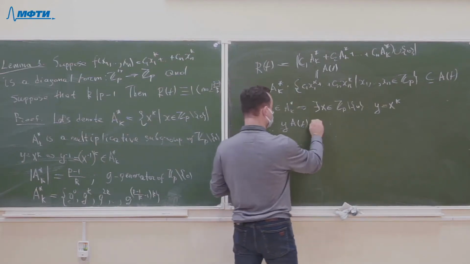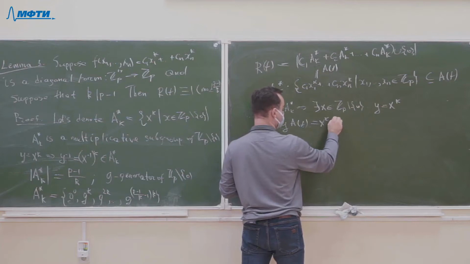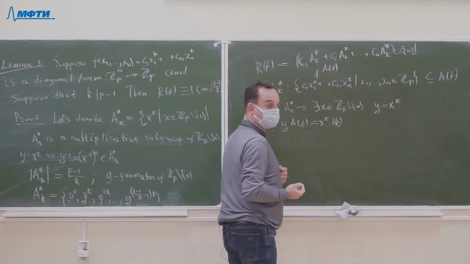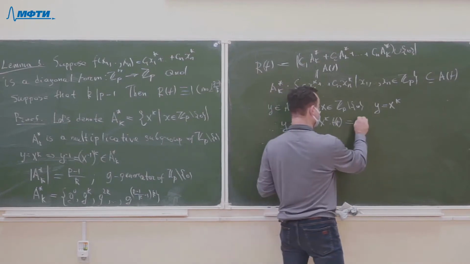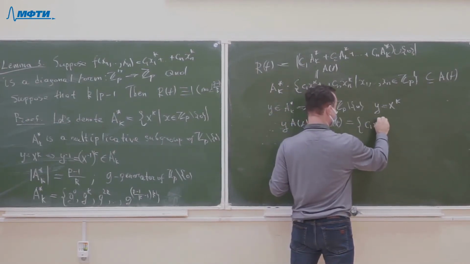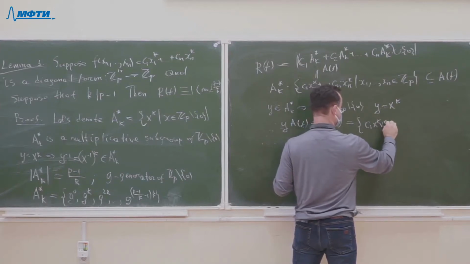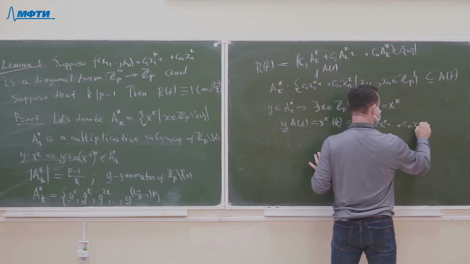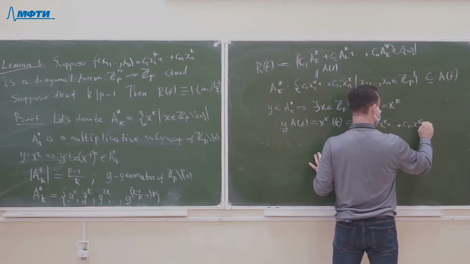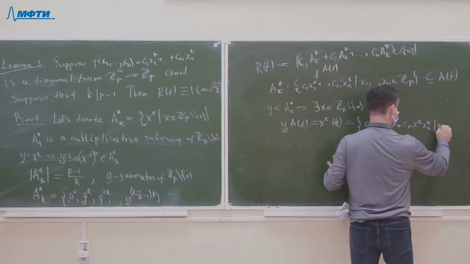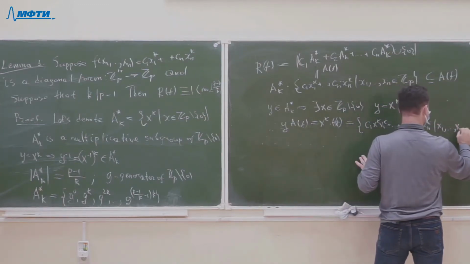This is x to the k by A of f, which is the set C1 x to the k times x1 to the k, Cn x to the k times xn to the k, for x1 to xn in Zp.